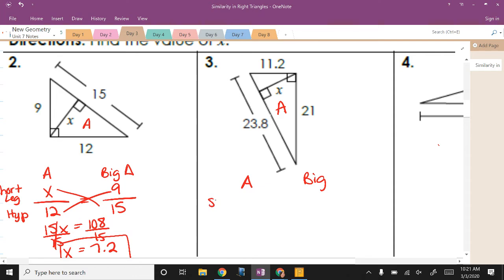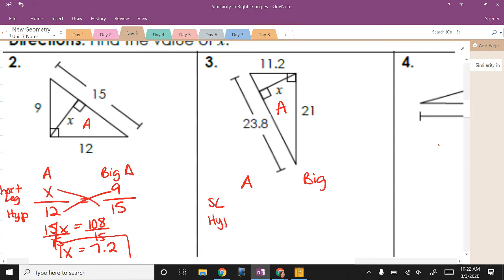So I'm going to do short leg over, that 21 is what on triangle A? The hypotenuse. I'm going to do short leg over hypotenuse again, since I know all 3 sides of the big triangle. Okay, so y'all help me fill in those 4 parts. I'm going to do a little smaller so my fraction isn't so big.